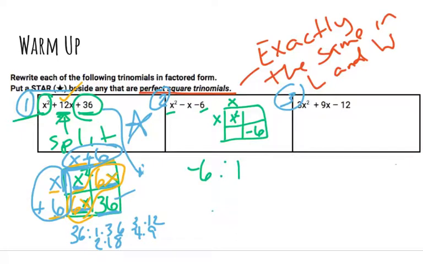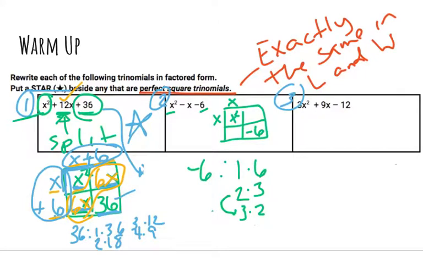has factors of 1 times 6. And I'm not going to worry about the signs too much right now, right? I know one of them would have to be positive and one would have to be negative. 2 times 3, and then 3 times 2. And I know that as soon as I repeat, I'm done, right?